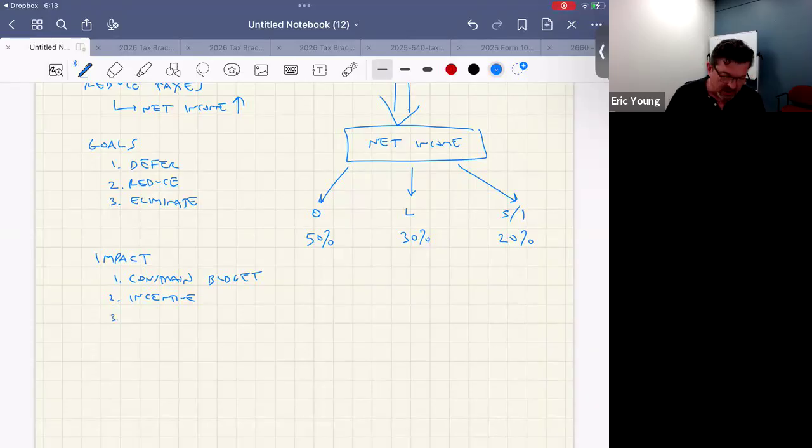It's also important to understand that it's going to impact other aspects because certain types of income are taxed differently. So we're going to say here that different types of income are taxed differently.